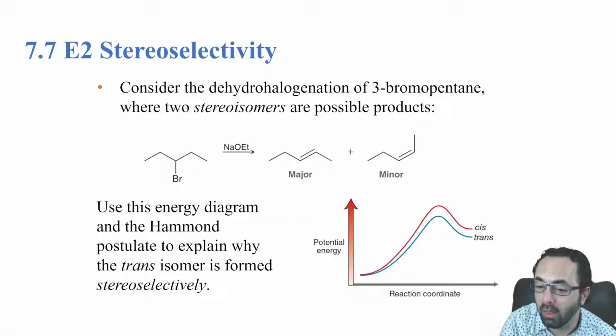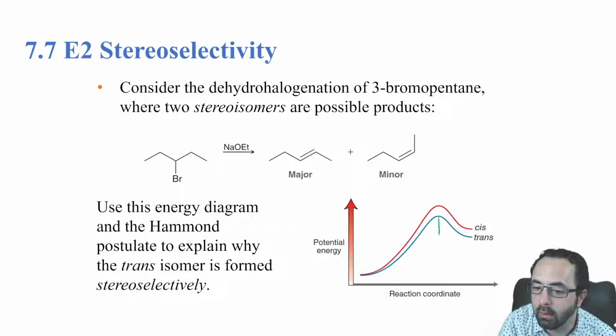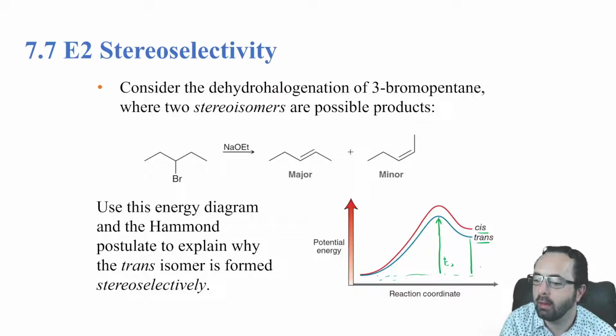Remember, when we're thinking about kinetics, we're thinking about this space right here. So here, the activation energy is less than the activation energy of the cis product. In addition, the trans product is more thermodynamically favorable, having a lesser, let me draw a line, this is the delta G here.